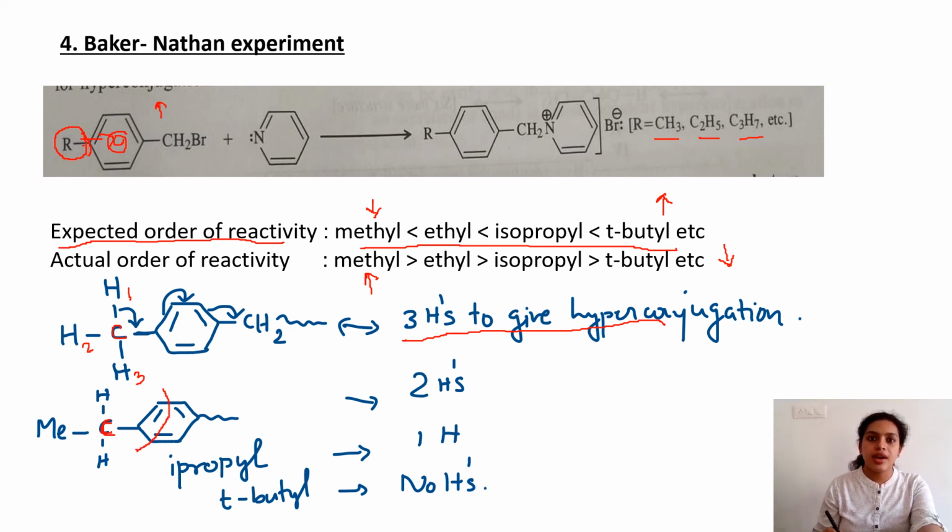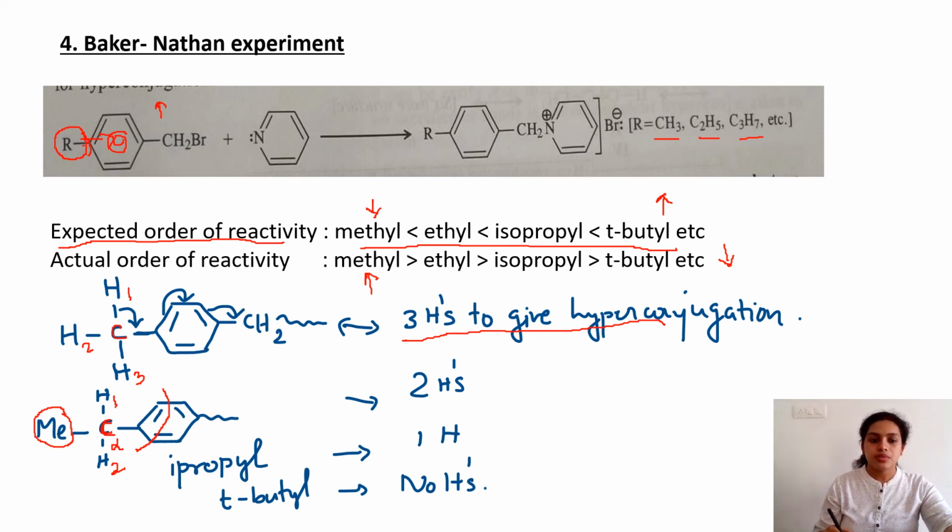Here the number of hydrogens attached to the alpha carbon has reduced, because instead of 1 hydrogen, a methyl group has been attached, and here there is no hydrogen present, and the only possible hydrogen atoms to undergo this hyperconjugation is reduced to 2. In the case of methyl group, there were 3 hydrogen atoms to undergo hyperconjugative effect, and in the case of ethyl, there are only 2 hydrogen atoms which can undergo hyperconjugation.